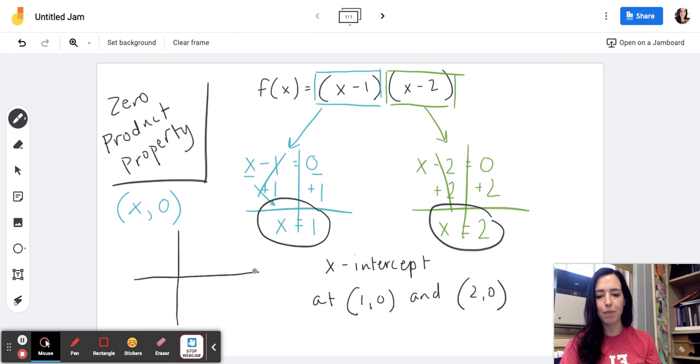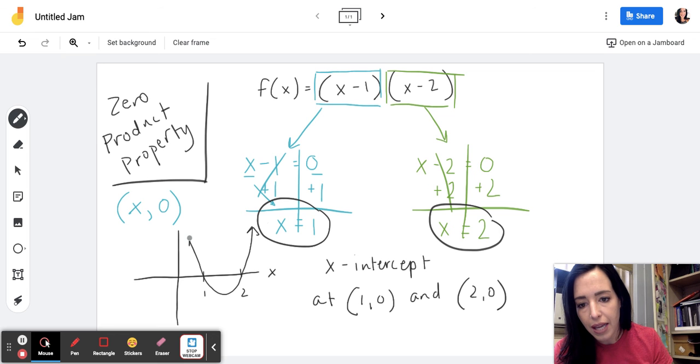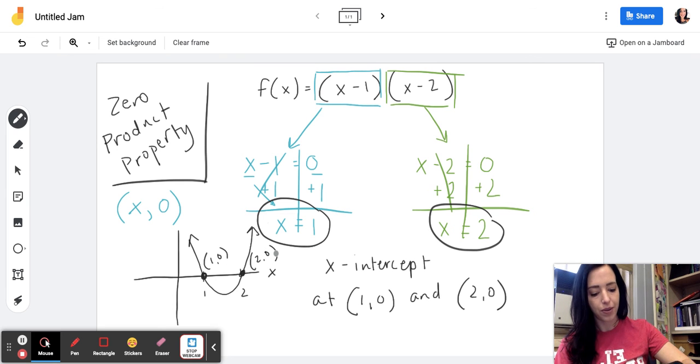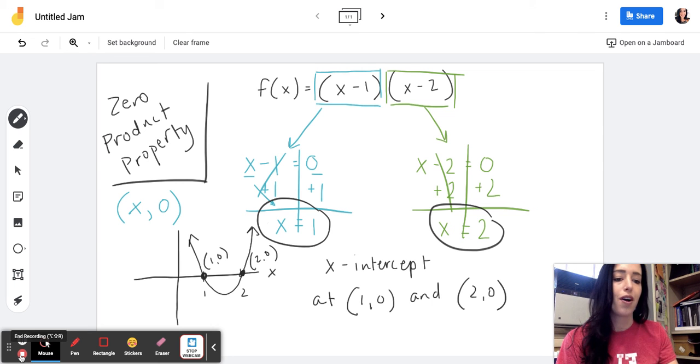This is probably going to be terrible, but if this is 1 and this is 2 and this is my x-axis, my parabola is going to look something like this. So I have an x-intercept here at 1, 0 and an x-intercept here at 2, 0. And that's how the zero product property helps us find solutions, aka x-intercepts, for a quadratic function.